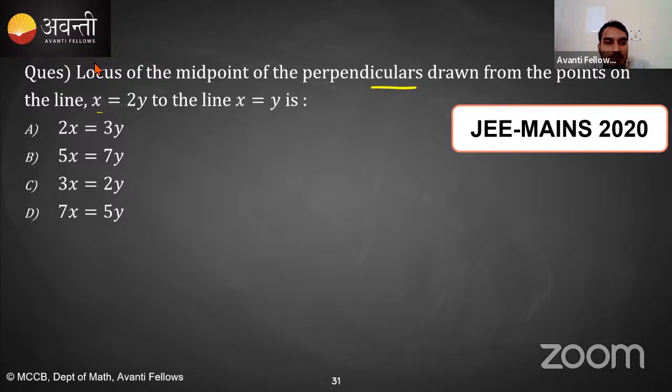Let me know in the chat box what is the answer, which option is the correct option, A, B, C or D. Everyone, please attempt this question. Which option is correct, A, B, C or D? Yeah, attempt.